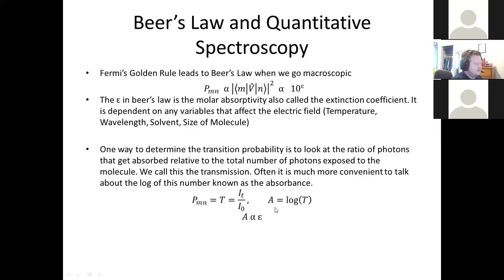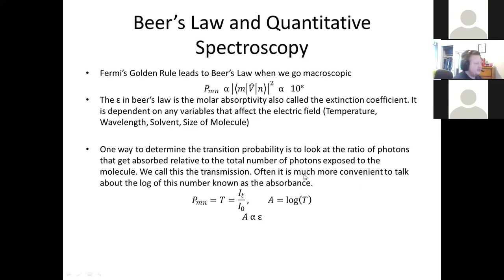So it's usually better to talk about the absorbance, which is just defined as the log of this ratio, the log of the probability. In that case, we get that A is proportional to this E value, because it's essentially equivalent to the log of the probability. So that's just this right here.